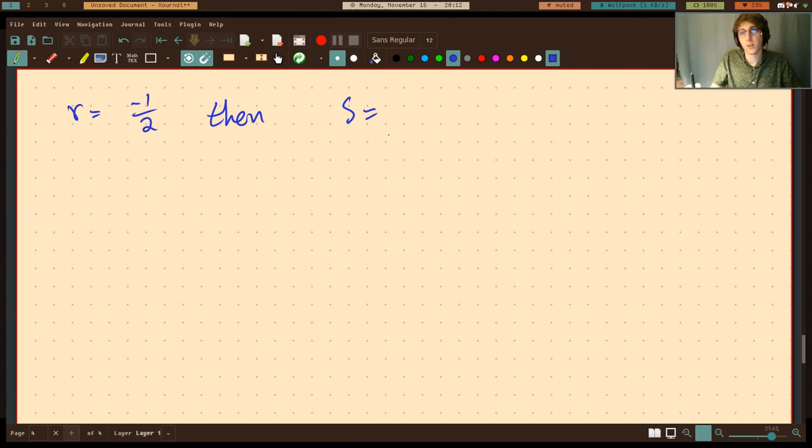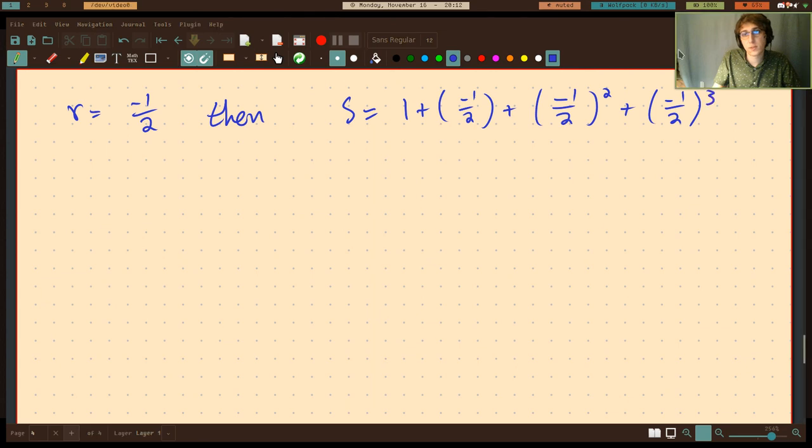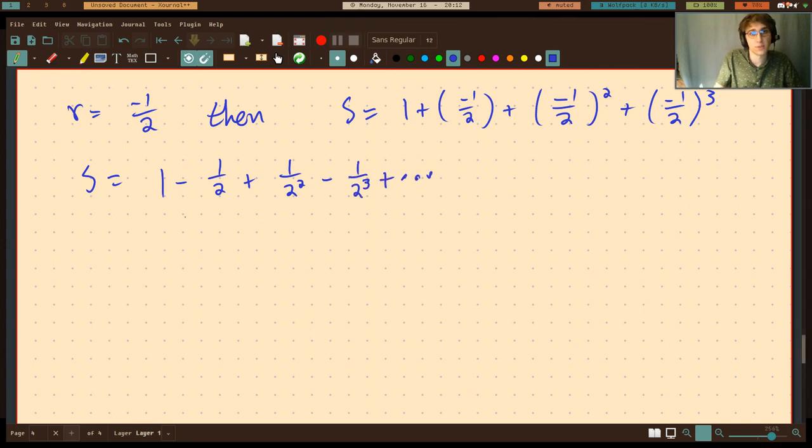Every term with an even power is positive, and every term with an odd power is negative. In this case, we'll get 1 plus minus 1/2 plus minus 1/2 squared plus minus 1/2 cubed. So S equals 1 minus 1/2 plus 1/2 squared minus 1 over 2 cubed plus, and so on and so forth.